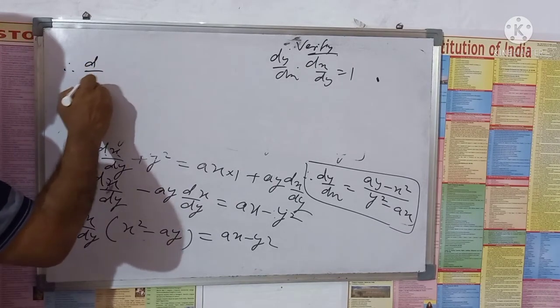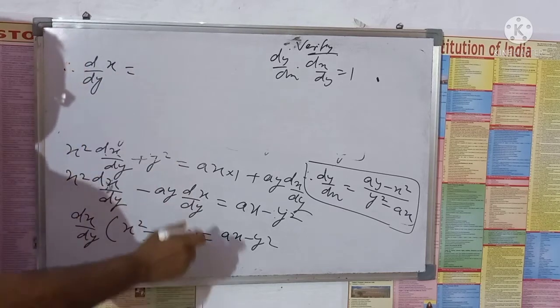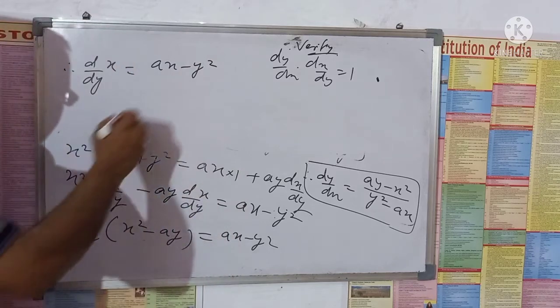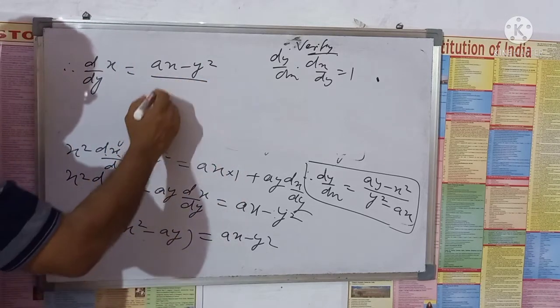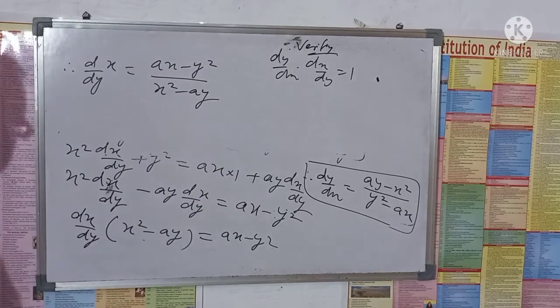Therefore, d by dy of x is equal to (ax minus y square) upon (x square minus ay).